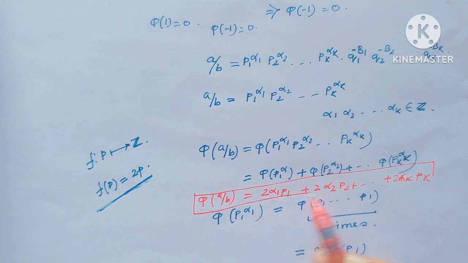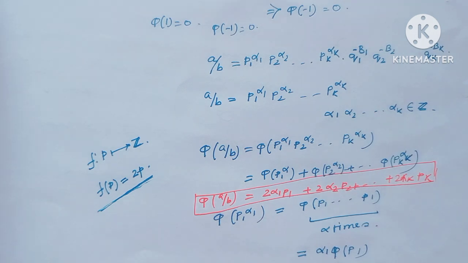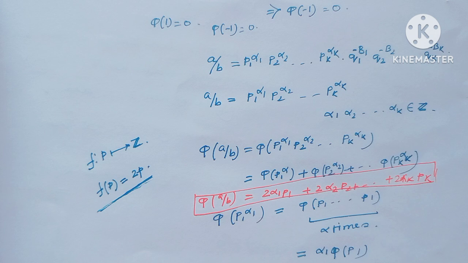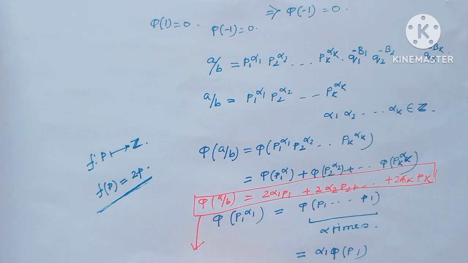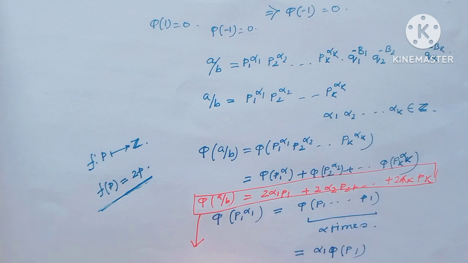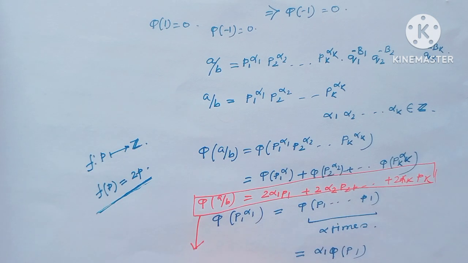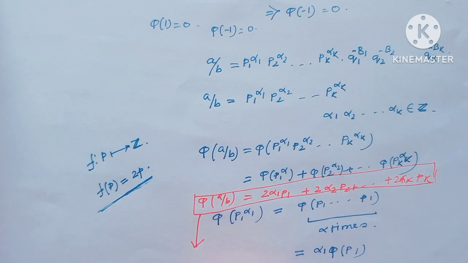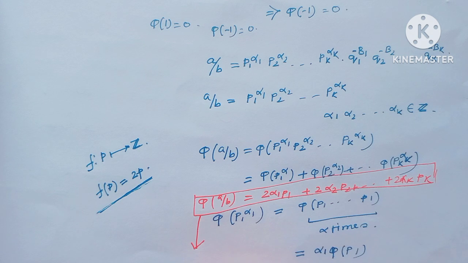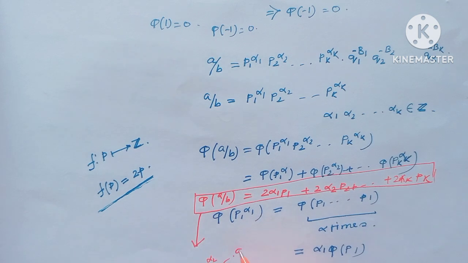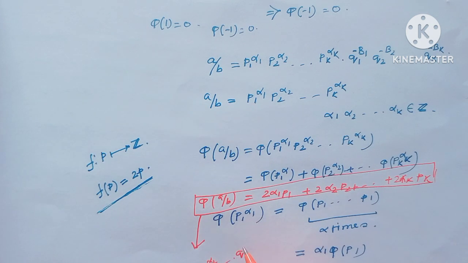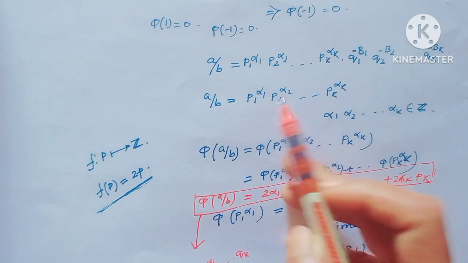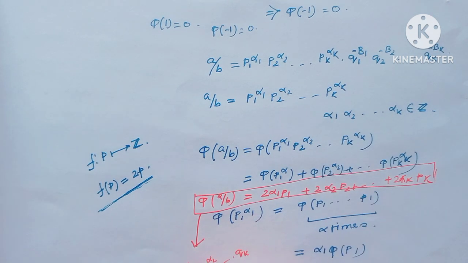We can construct one function of such type. Now, is it a homomorphism? Because if you consider another element C over D of such type, Q1 alpha 1, Q2 alpha 2 up to Qk, here I have considered alpha 1, so here would be beta 1, beta 2 up to Qk beta k.